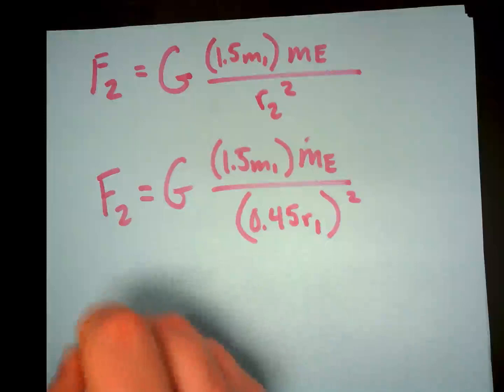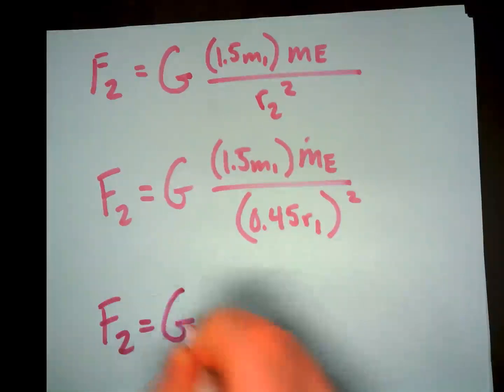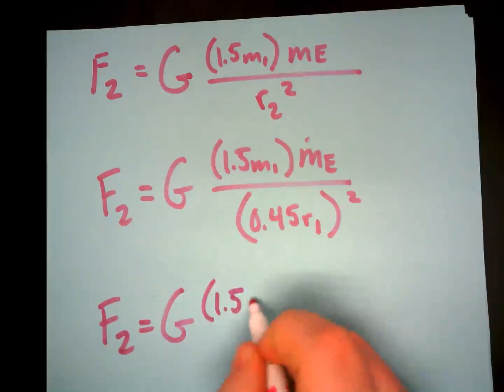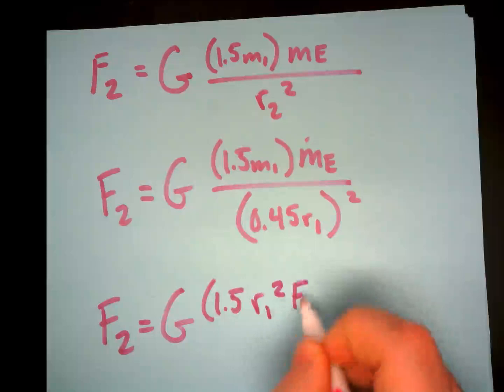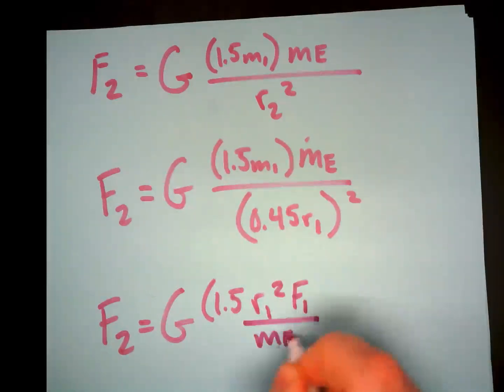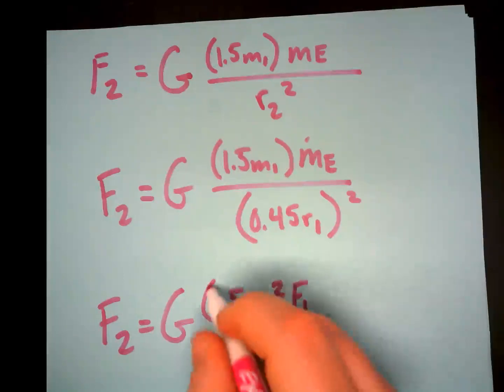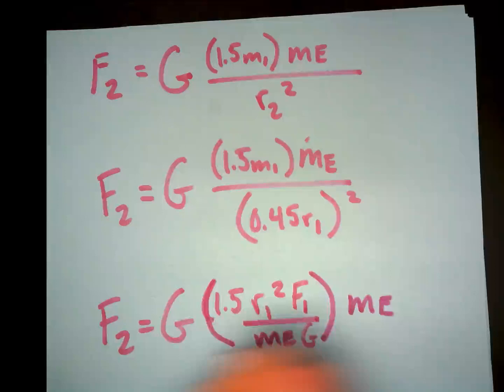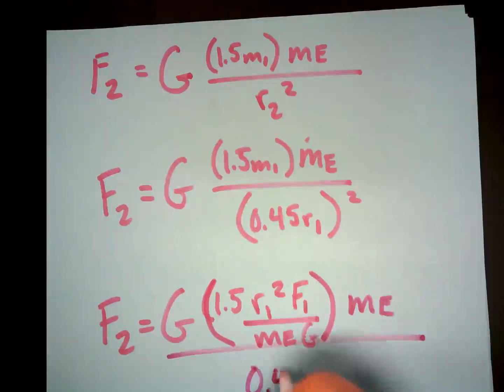So F2 is going to be equal to big G times 1.5 times this big old boy, R1 squared times F1 divided by ME times big G, all this divided by big G, and then times ME over 0.45 times R1 squared.